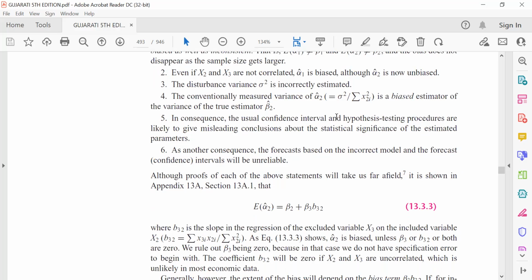For example, the government will impose some policy.